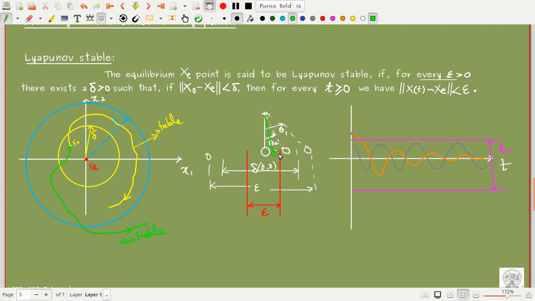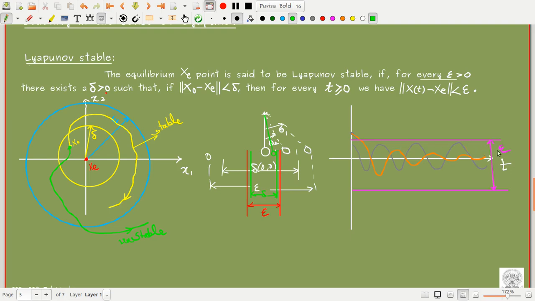I will give you another delta here and say that if I choose my initial condition here, my trajectory will not go out of this epsilon ball and the system is stable. So I can give you as many initial conditions and as many deltas as possible if you give me an epsilon greater than 0. That means for this pendulum, the 0 0 point is stable.